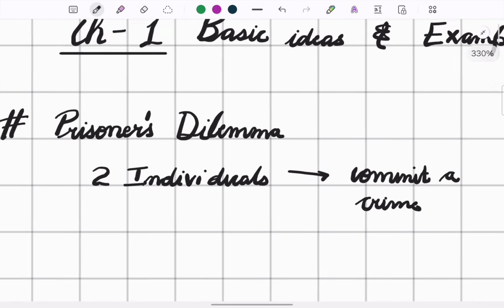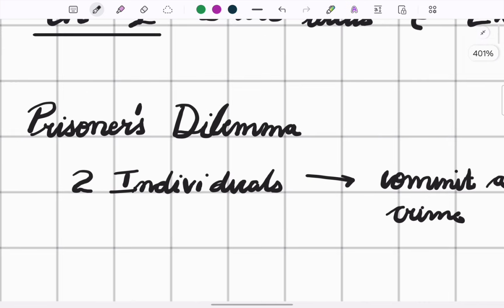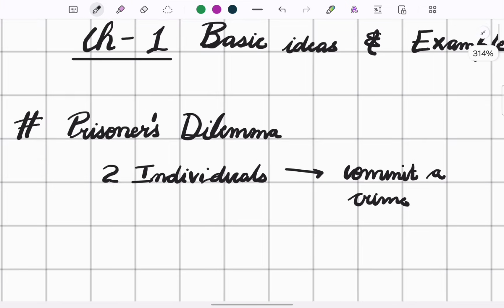The authority who catches them does not have enough evidence to prove that these two individuals have committed this crime. So what they do is they put both individuals into different cells. दोनों individuals को वो अलग अलग सेल में रखेंगे and they will interrogate both the individuals, and the two individuals will not be able to interact with each other until the whole custody is over, right?